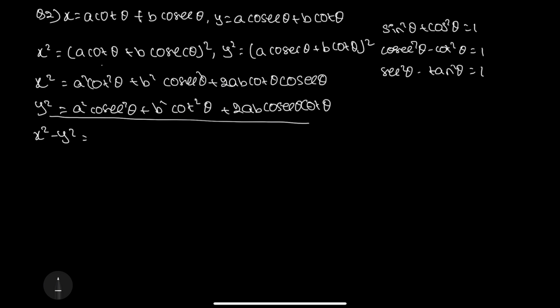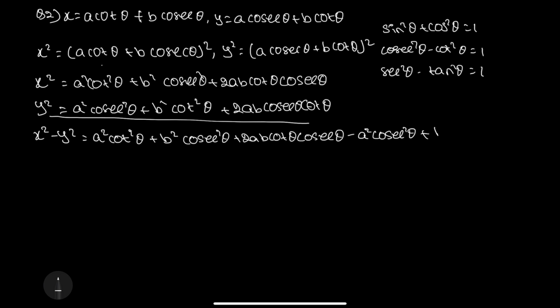So LHS separate and RHS is also separate. We'll get it as a square cot square theta plus b square cosecant square theta plus 2ab cot theta into cosecant theta. First, all the terms remain same. This will change into minus. We will get it as minus a square cosecant square minus b square cot square theta minus 2ab cosecant theta into cot theta.